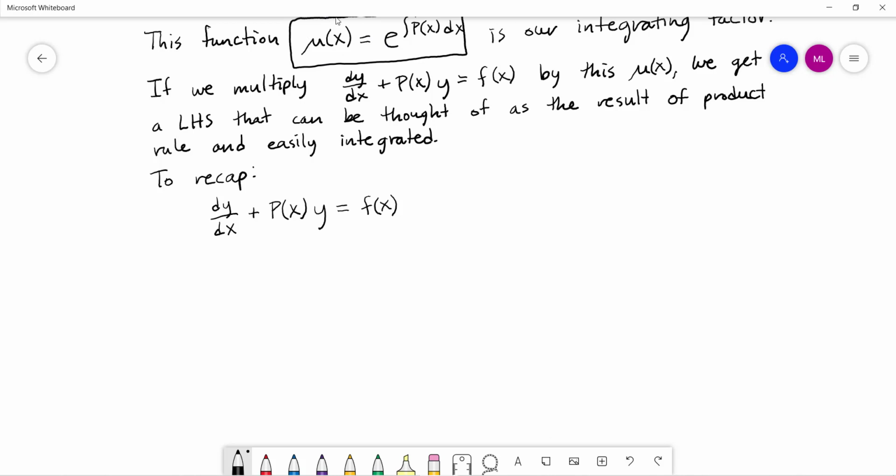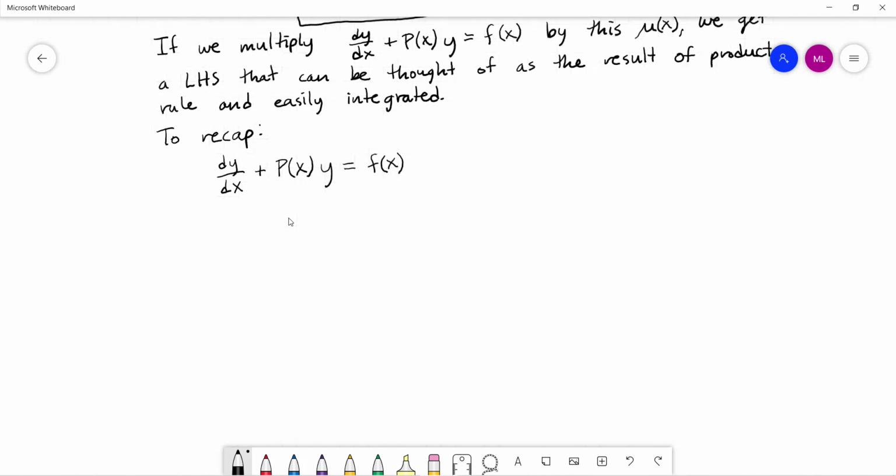If we multiply it by this particular function, mu of x, the whole thing, we will transform the left-hand side into something that can be basically the result of product rule. So what we're going to do is multiply by mu of x, which happens to take the form of e to the integral of p of x dx. So I'm going to multiply every single term by that. And when we do that, we will get basically this term.